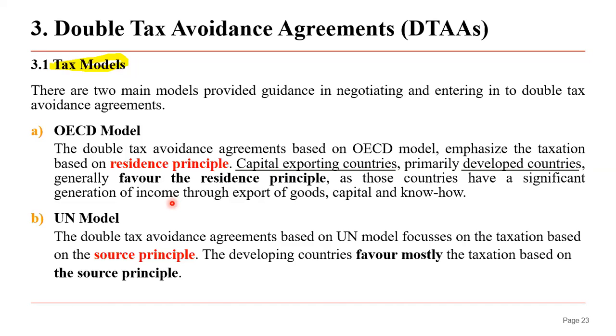Those people will visit that country, and you can see here the negotiation and entering into the double taxation agreement. They will negotiate with each other. If our people are more knowledgeable, they will try to take the source principle and try to catch all the income here.